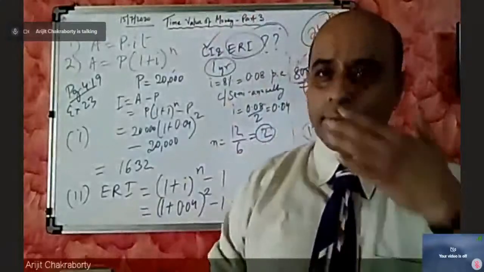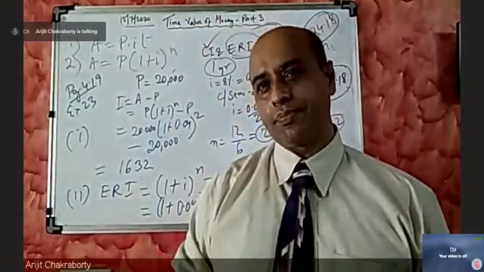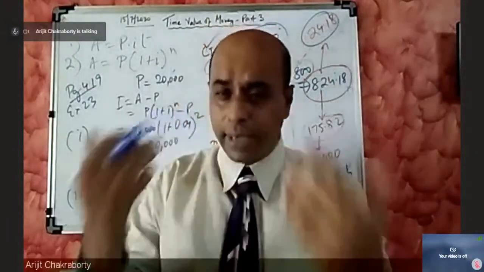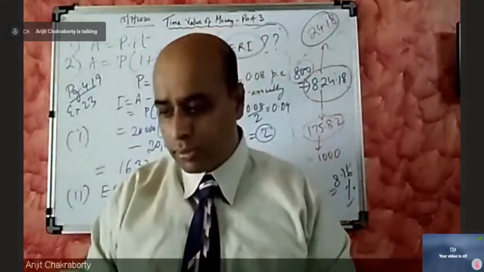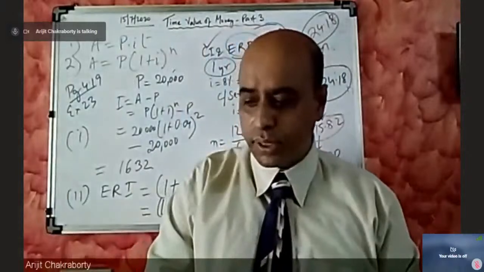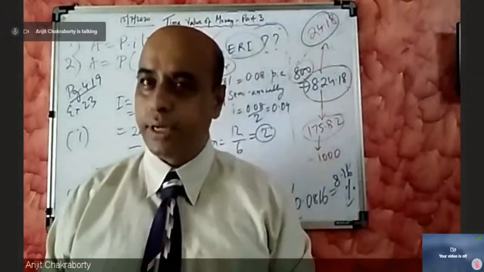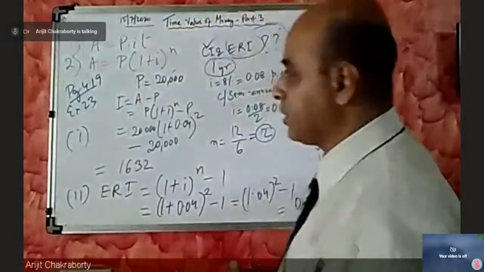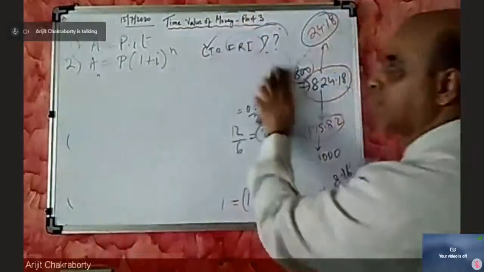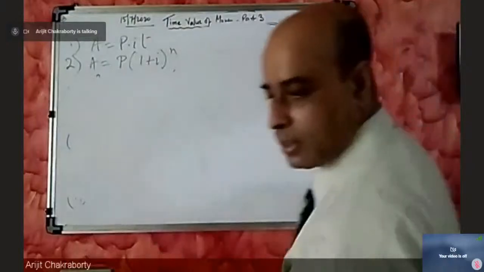Friends, when it comes to effective rate of interest, there are two important observations. First observation is, if the interest is compounded annually, then the effective interest rate for the year will be equal to the actual interest rate which is offered per year. So, I'm rubbing this part and let us note these two observations. So, we have done this example as well. I hope you are clear. Right.